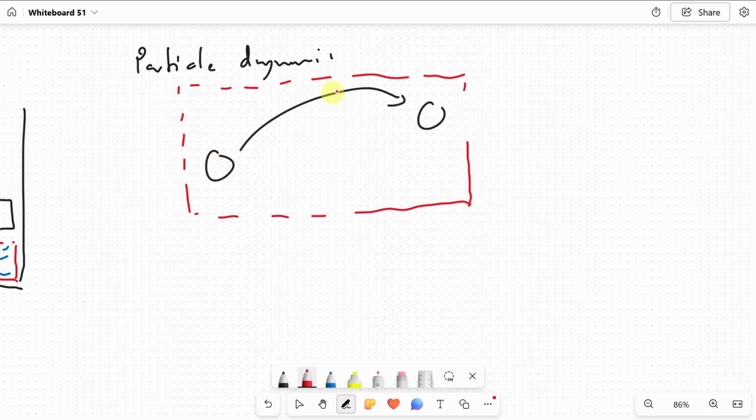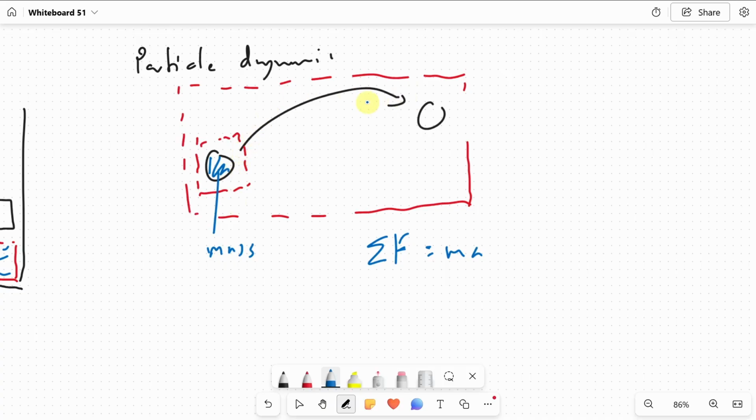The particle moves, but it's still the same particle. Maybe we set this as our boundary, it doesn't matter, it's the same. So it is still the same boundary, and within the boundary, the mass is the same. It does not change. And when we apply any physical law, such as Newton's second law, we can get the trajectory or the motion of the particle.